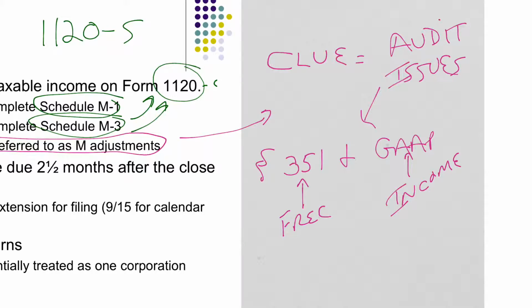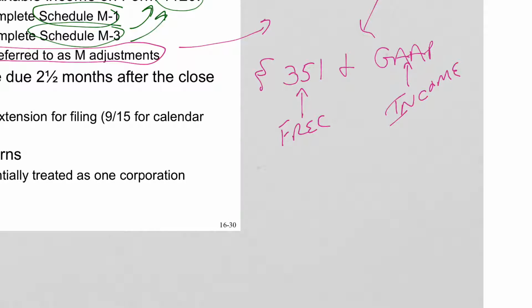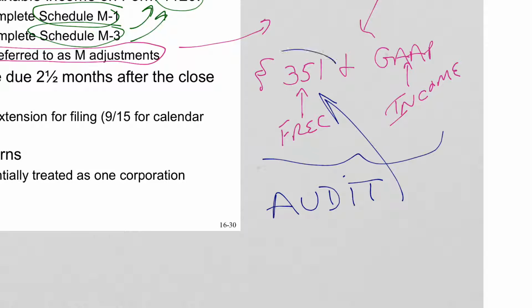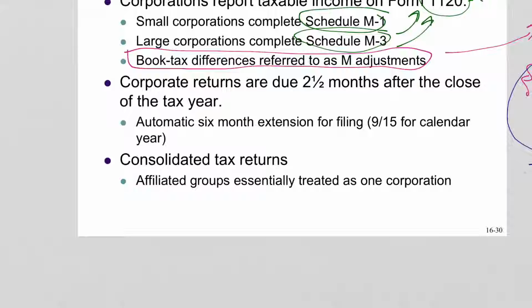Well, that recognition of that on the tax return, which we had to do, gave the IRS a clue, and they pulled this return for audit. And the reason they pulled it is they want to make sure that we did 351 correctly, that it was indeed tax-free. We're not done with that one yet, so that probably answers your question as to whether it should be tax-free or not. Okay.